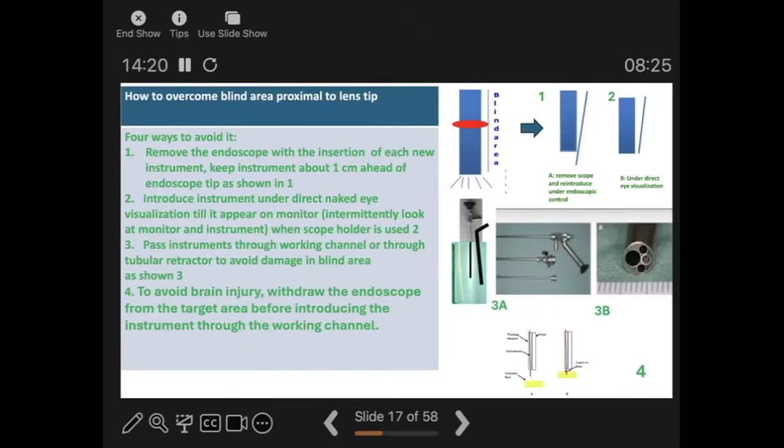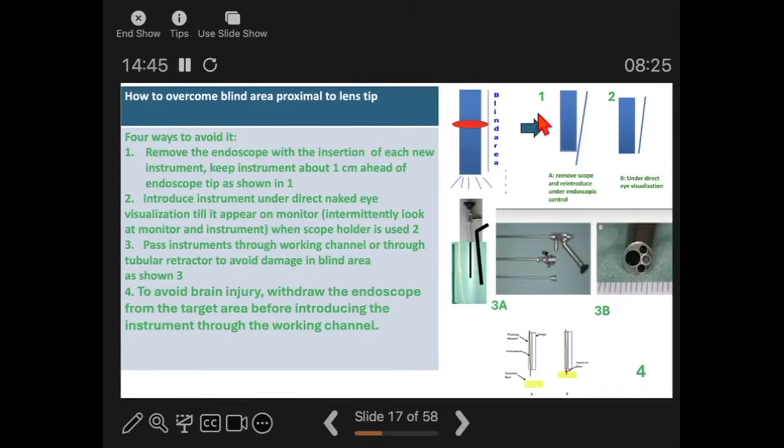Third, use working channel or tubular retractor to protect tissue and avoid injury proximal to the lens tip in the blind area. Fourth, withdraw the scope slightly away from the target to allow the instrument to enter in the field gradually, minimizing the risk of accidental injury.